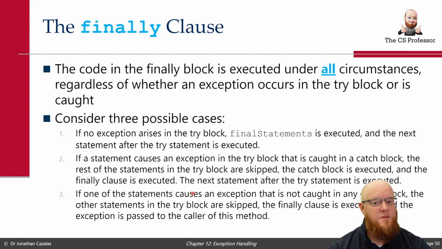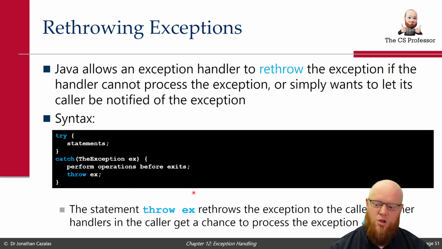But what if one of the statements in the try block causes an exception that is not caught with a matching catch block, meaning that exception is going to have to get thrown back to the caller method and the current method will be terminated? Even then, before terminating, the finally block is executed before passing that exception to the caller.